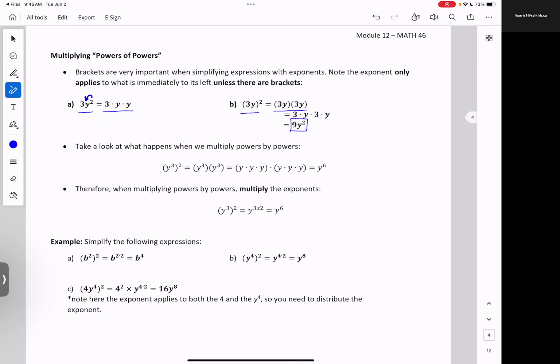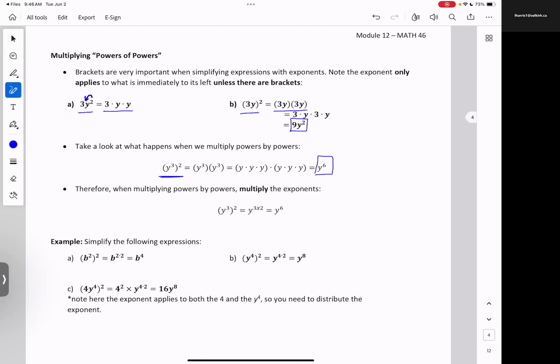Okay. All right. When you have powers of powers, what happens? Well, if we have y cubed or y to the power of 3 that's then being squared, like we do here, that means y to the 3 multiplied by itself. So y cubed or y to the power of 3 times y to the power of 3. And that gives us an answer of y to the power of 6.